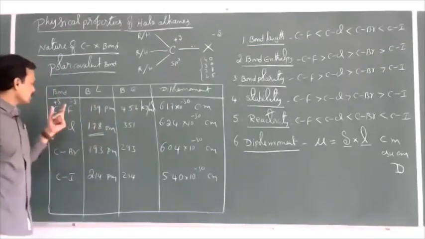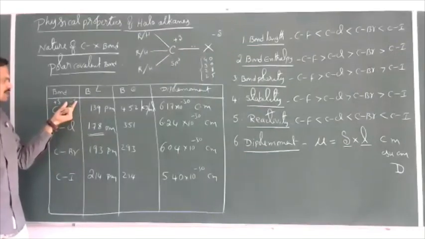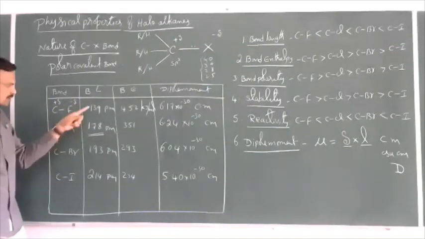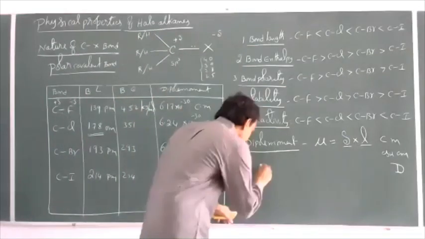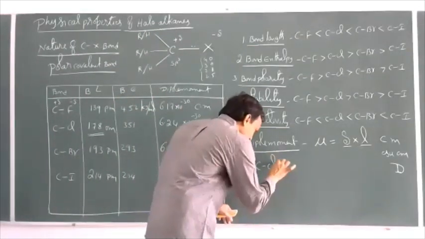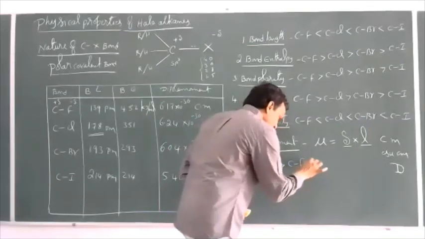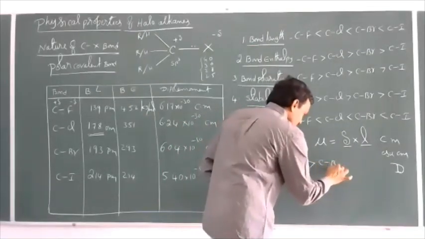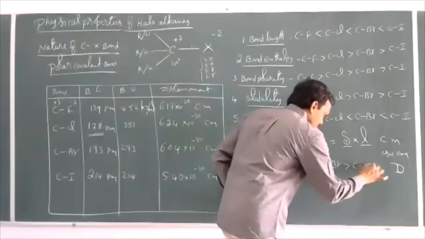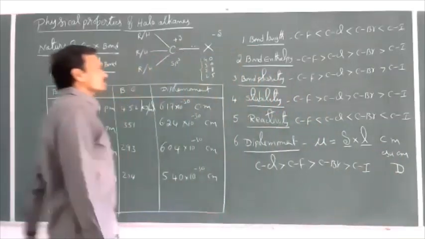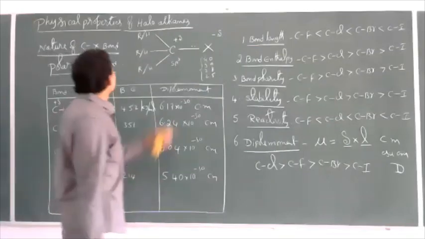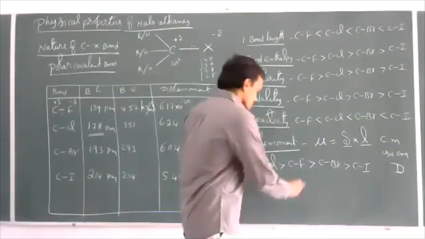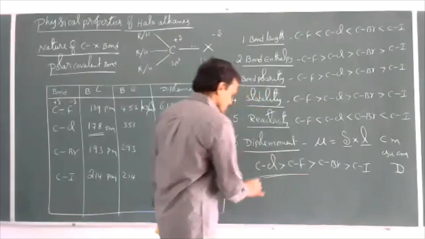Even though the partial negative charge on F is more than Cl, the bond length predominates here. So the order of dipole moment is C-Cl greater than C-F greater than C-Br greater than C-I. This is the order of dipole moment values for haloalkanes, so these two will be reversed.